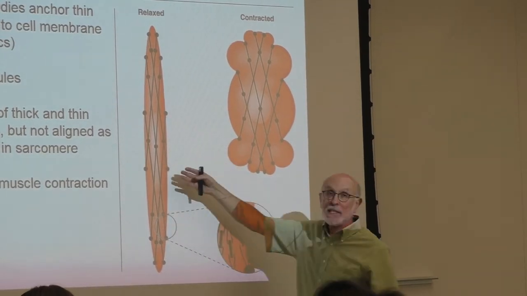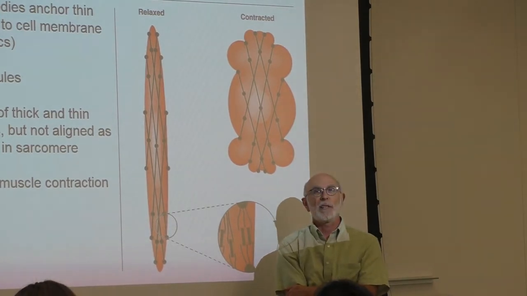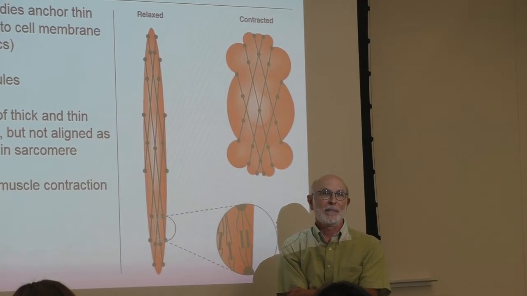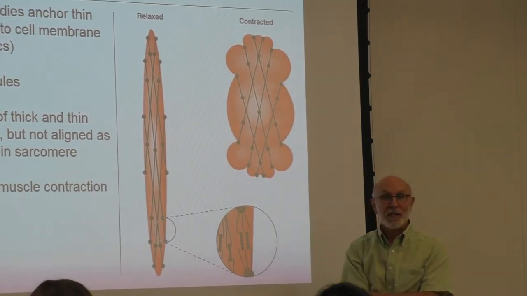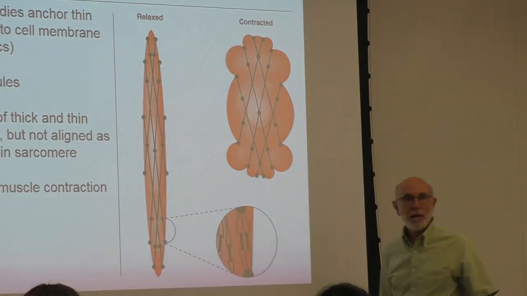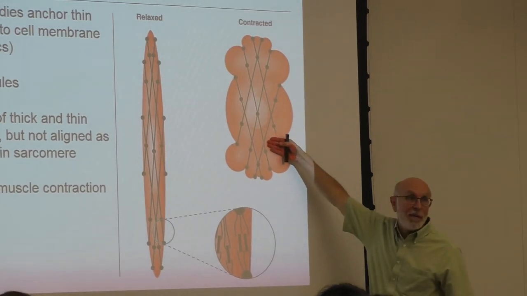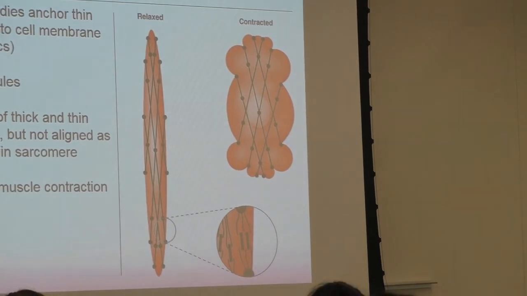And so when the cell is triggered to contract, what do you suppose triggers the contraction of a smooth muscle? Take your best guess. It's going to be the correct one. Calcium. A rise in intracellular calcium. That triggers myosin to pull on these actin filaments, and so the filaments get shorter, and the muscle gets shorter. It's not as highly organized as it is in skeletal or cardiac muscle, but it's the same idea.